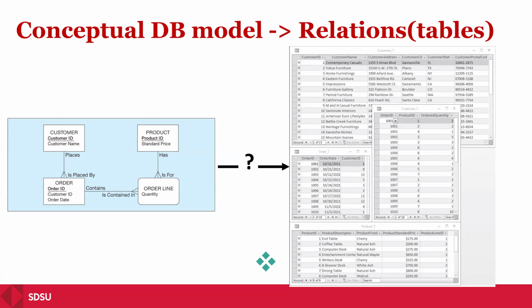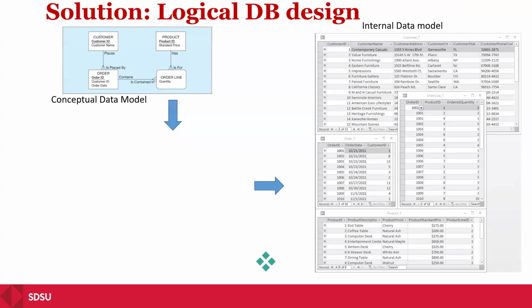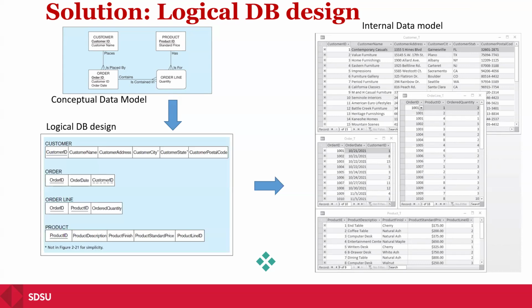How do we get from one model to the actual database? In order to get there, we need to get from the conceptual data model to the internal data model. In order to do that, we are going to create a logical database design.